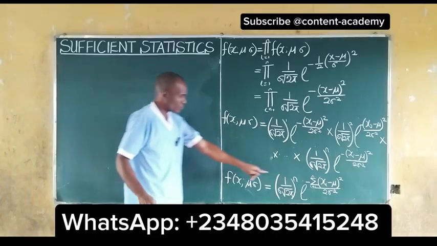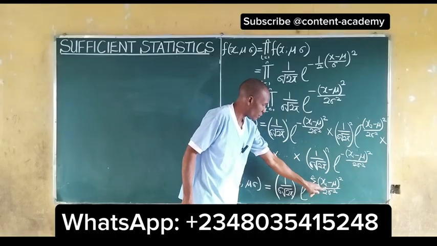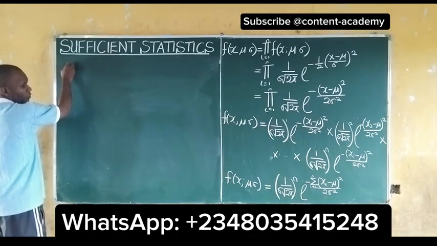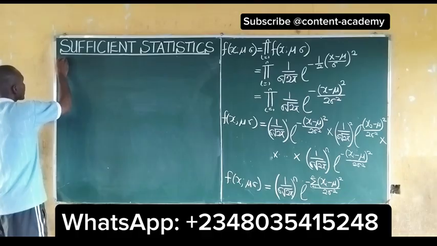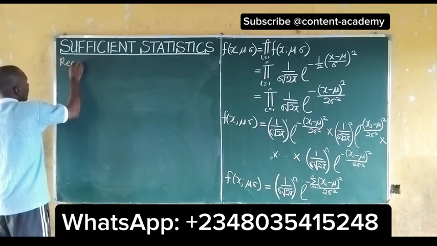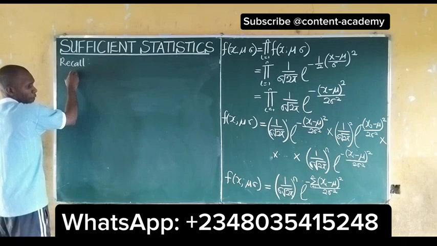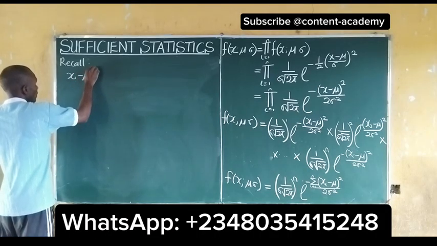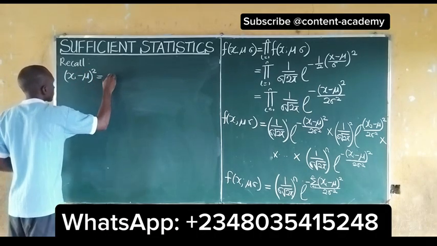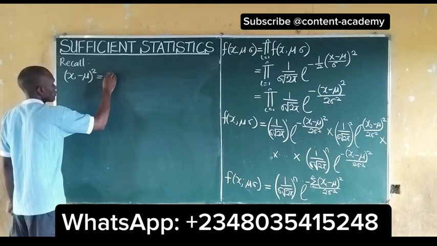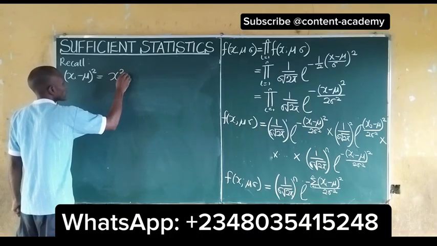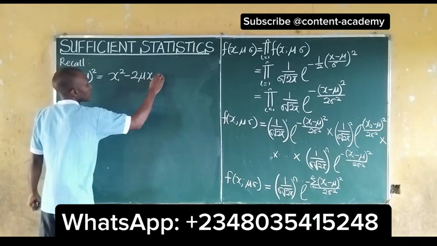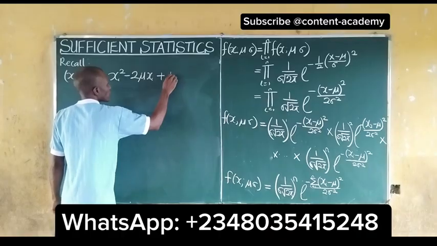Now, we should note that from the quadratic equation, we have that (xi minus mu) squared will give us xi squared minus 2 mu xi plus mu squared.